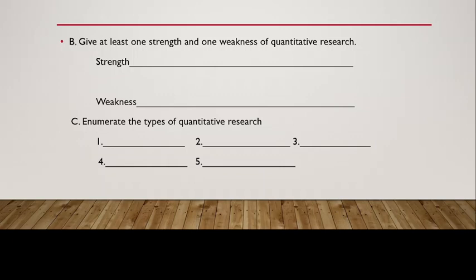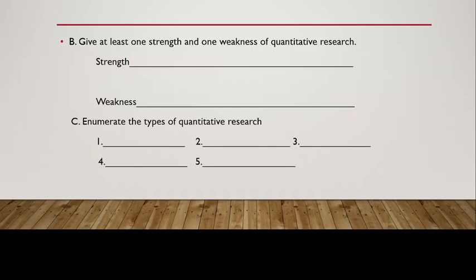Then next to that, this one is for you to write sentences regarding the strength and weaknesses of quantitative research. Strength, only one strength and one weakness of quantitative research.